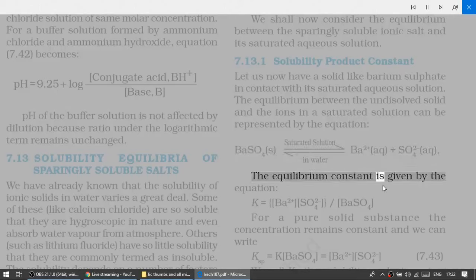The equilibrium constant is given by K = [Ba2+][SO42-]/[BaSO4]. For a pure solid substance, the concentration remains constant and we can write Ksp = K[BaSO4] = [Ba2+][SO42-] (7.43). We call Ksp the solubility product constant or simply solubility product.